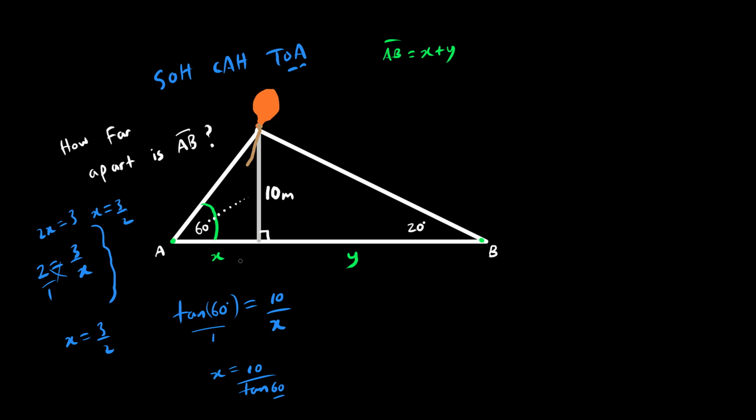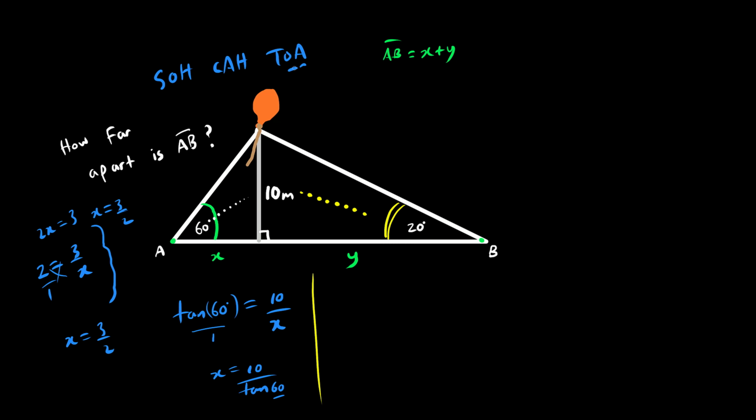So now that we've found variable x, let's focus on variable y. We're going to focus on this part of the triangle here, the right triangle. So focusing on the right triangle, we place our finger here on the 20-degree angle. And what information are we interested in? We're interested in the opposite over adjacent.